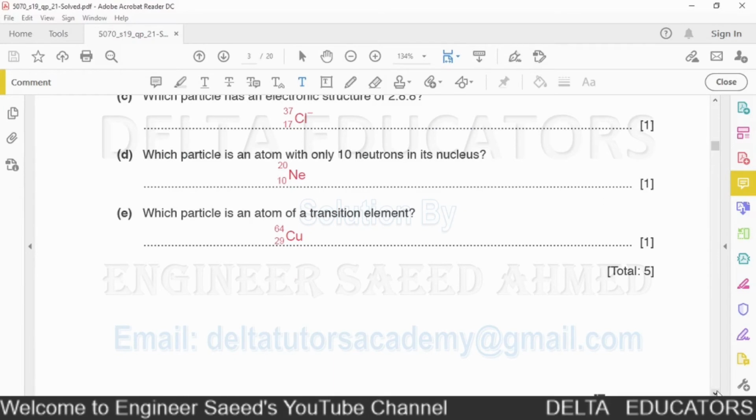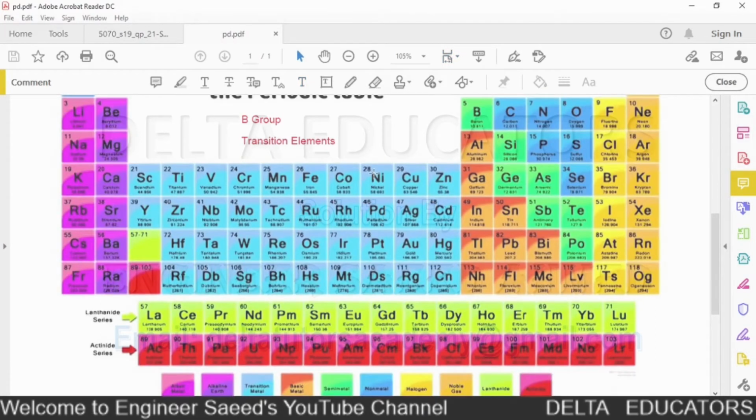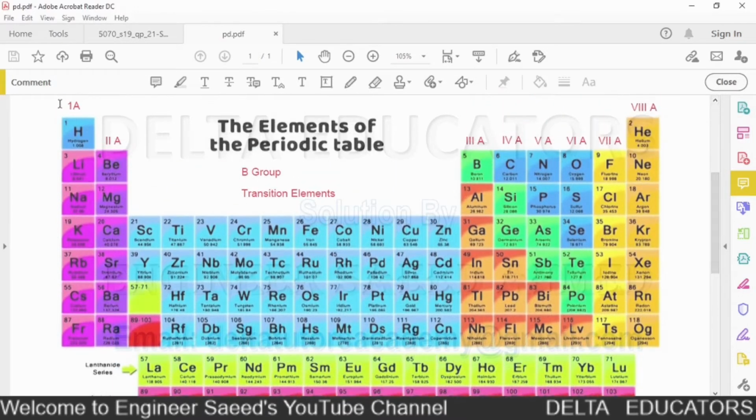Part E. Which particle is an atom of a transition element? What are transition elements? If we check the periodic table, it has 1A group, 2A group, 3A group. In between 2A and 3A group, the elements given here are called transition elements.